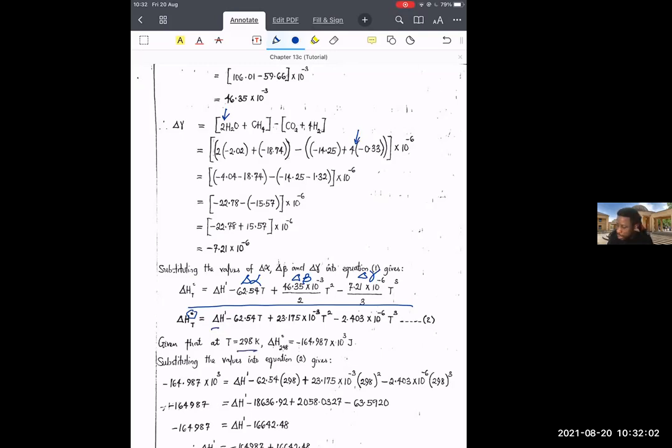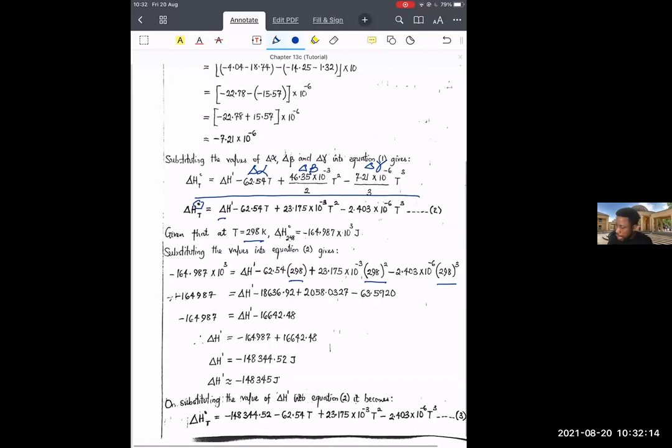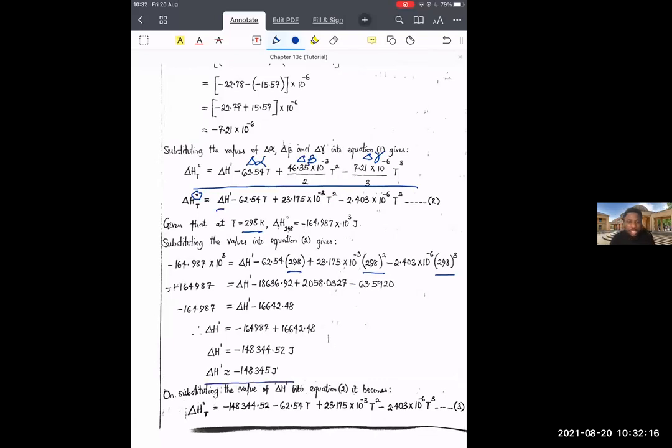So our T value has been plugged in, take note of that. If we plug in the T value, we should then be able to eventually estimate our change in H prime. Is that clear? Any question before I move on?